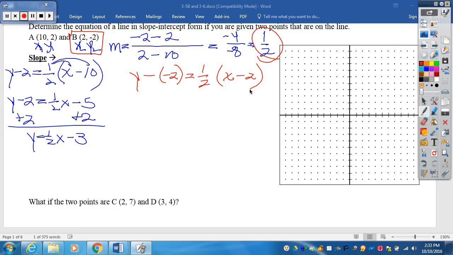So if I change that double negative to a positive, we have y plus 2 is equal to, distribute that 1/2, 1/2 x minus half of -2 is going to be -1. Okay, so again, that's minus 1 out there. It doesn't look like it, but it is. And then I'm going to subtract 2 from both sides to get y by itself.